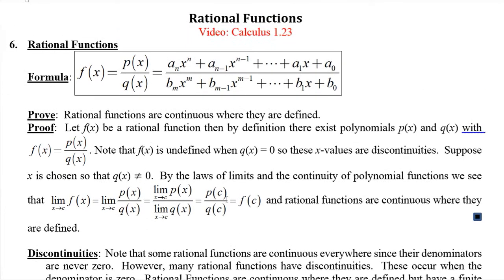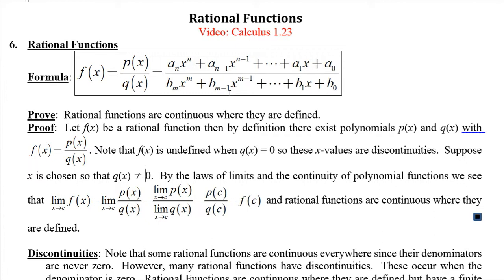Well, what you do is you factor these out. You factor the numerator and the denominator, but don't cancel anything out yet. After you've factored the numerator and denominator, look at the denominator, see what x's make each of those factors 0. Those are going to be the things that are not in the domain, and those x values are going to be either vertical asymptotes or holes in the graph.